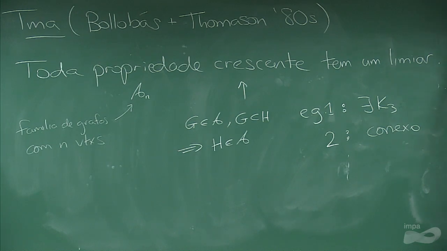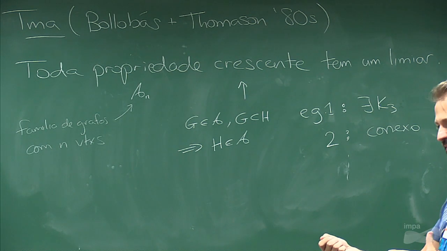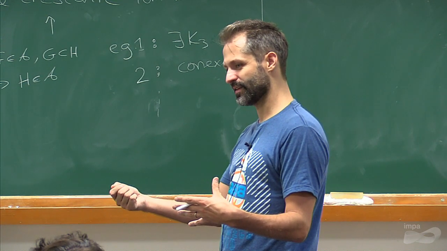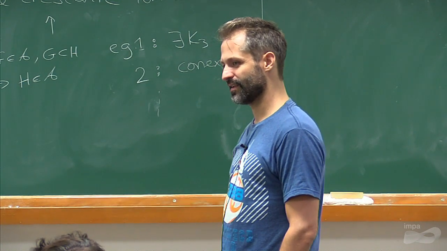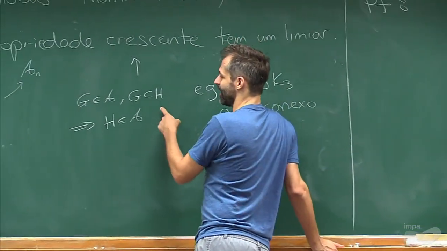So what's the proof? You tell me the proof. Increasing: if you have a graph that's connected and you add an edge to it, it's still connected. It's not exactly what this said.